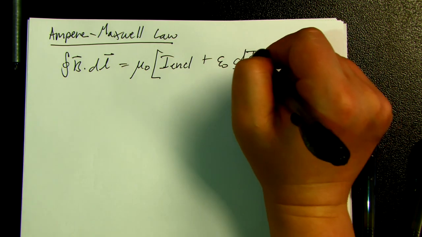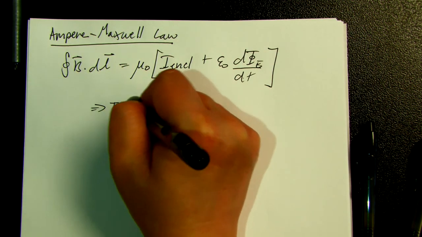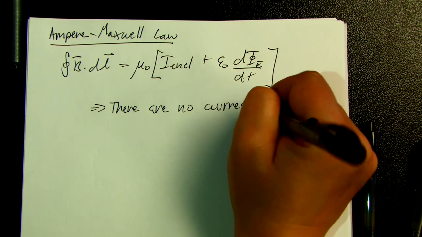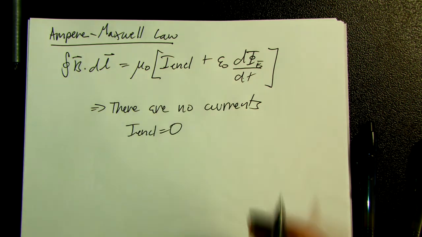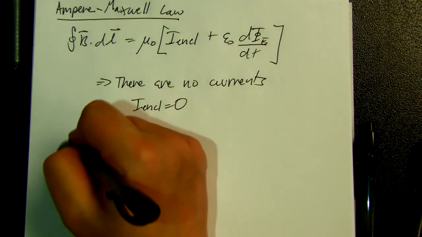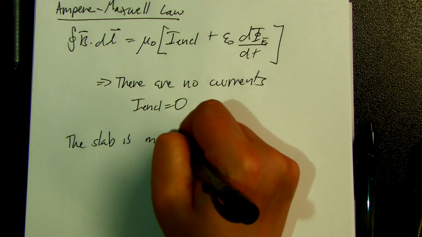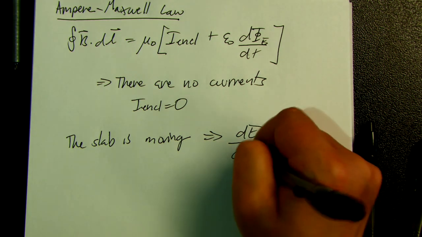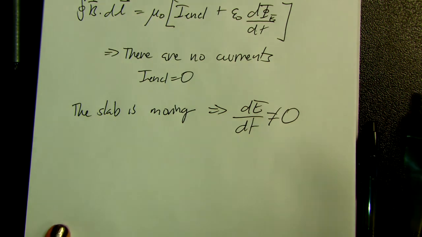And so we're going to break down our pulse. So there are no currents. It's in space. What would be making a current? So I enclosed is 0. However, the slab is moving. Therefore, the change of electric field with respect to time is non-zero.